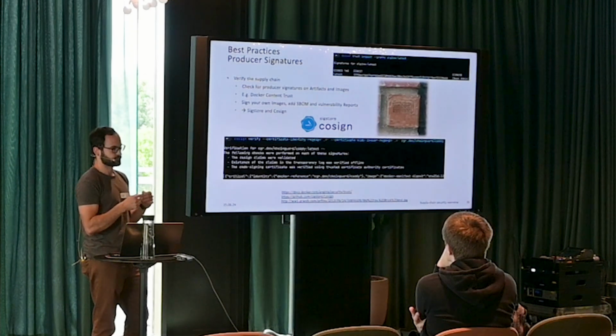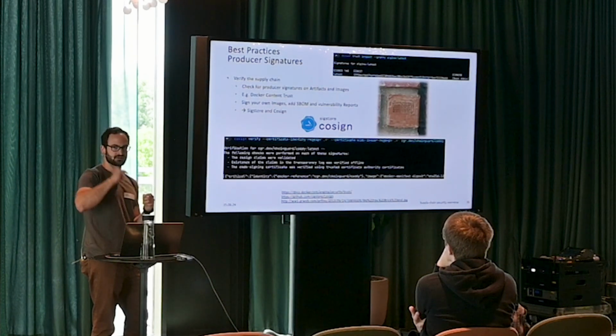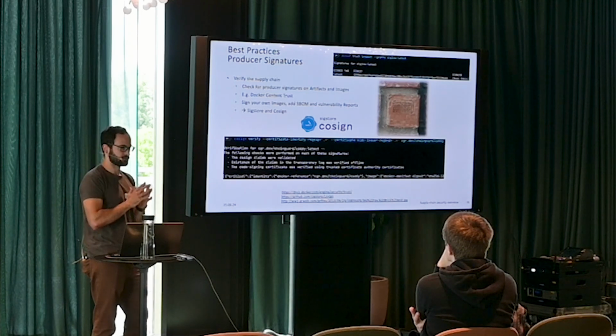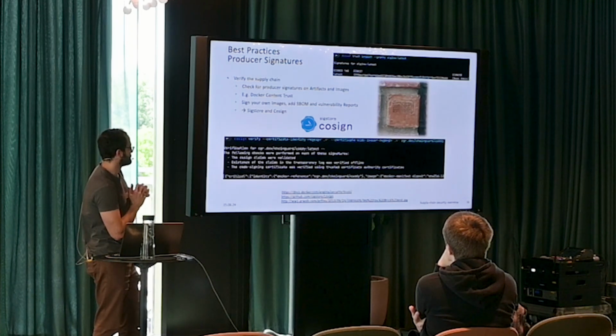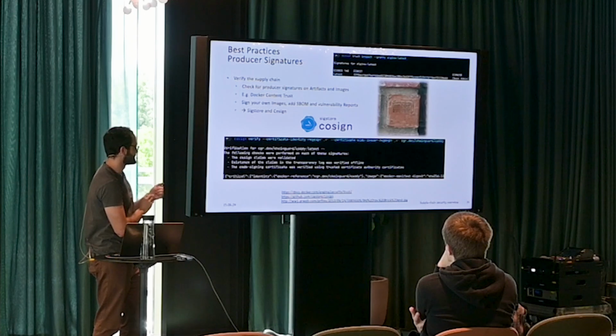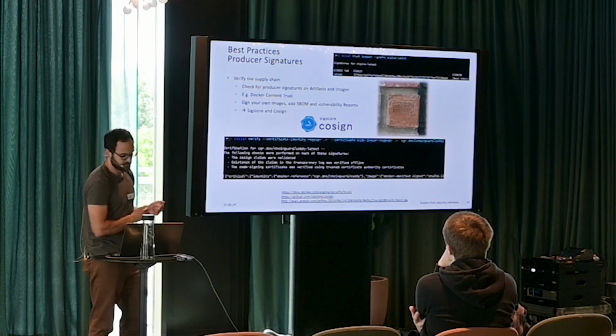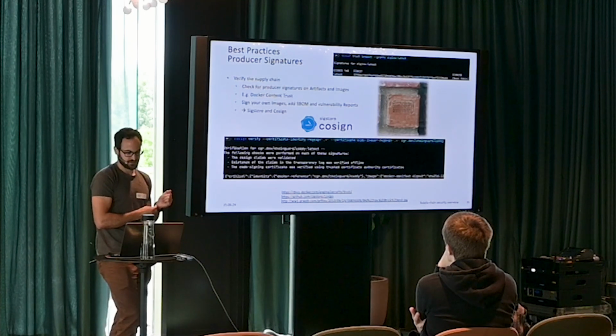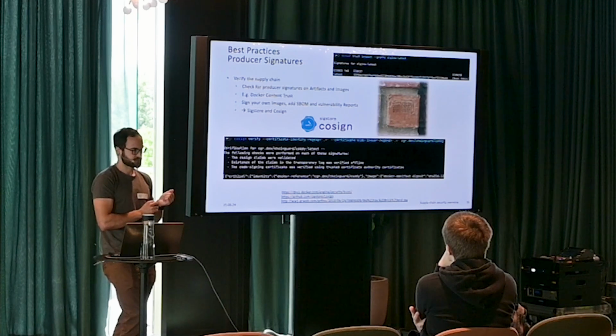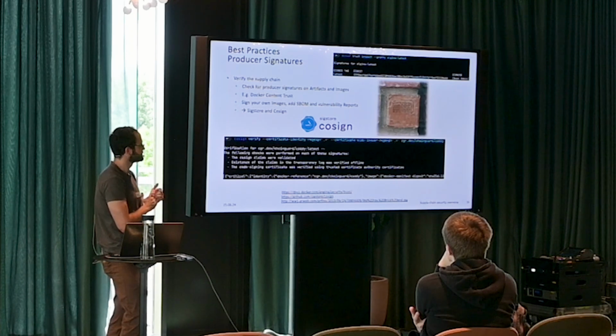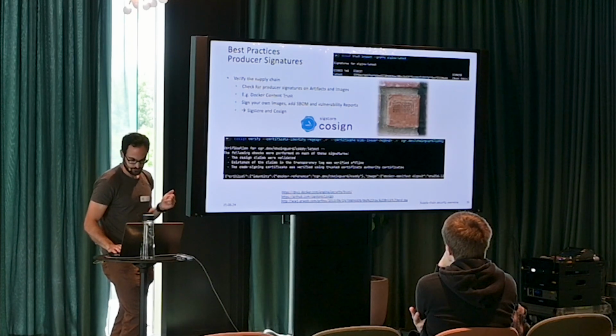Then we have a public record where we can say, okay, this was signed then and it's probably correct. On a big level, it's a bit more complicated, but yeah, it establishes producer trust.